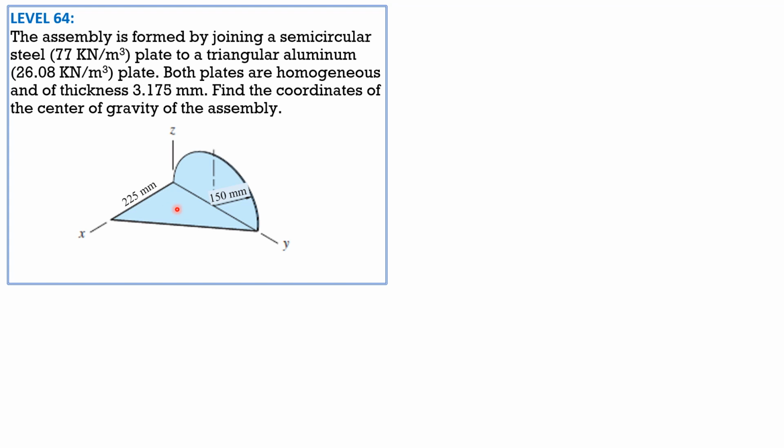It is 0. The semicircular plate is cut by the yz plane. That's the assumption, of course, because it is not emphasized here. So the x coordinate of the centroid of this semicircular plate, which is made of steel, is also 0.